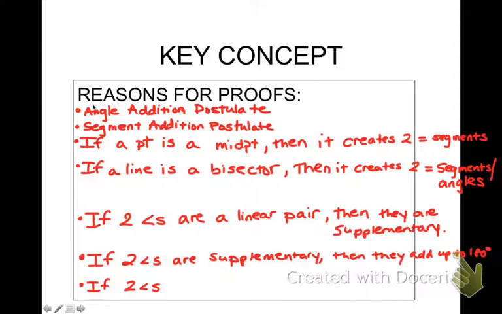Nope, we're done there. We did supplementary angles, so now we would do the other one, complementary. If two angles are complementary, then they add up to 90 degrees. We eventually are going to get to where we have a whole sheet of paper of different reasons that we could possibly have for proofs. This is just a good starting point.